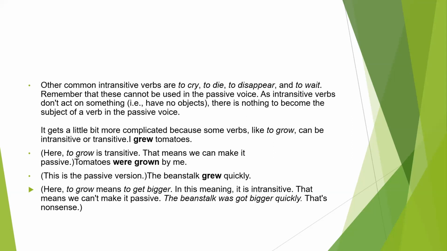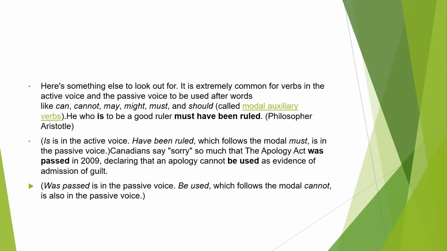Here there is an object. So tomatoes were grown by me. This is the passive version. The beanstalk grew quickly. Here to grow means to get bigger. In this meaning, it is intransitive. That means we can't make it passive.